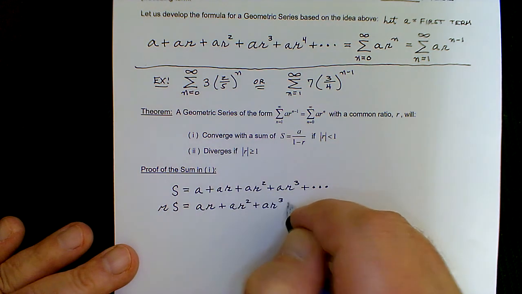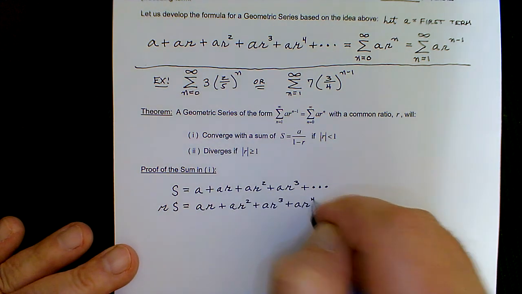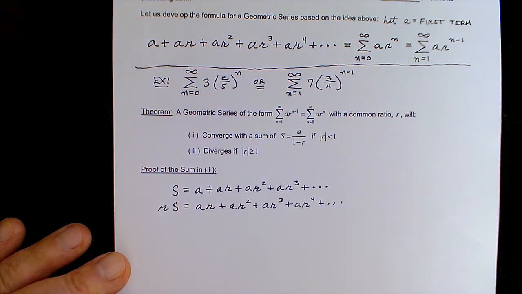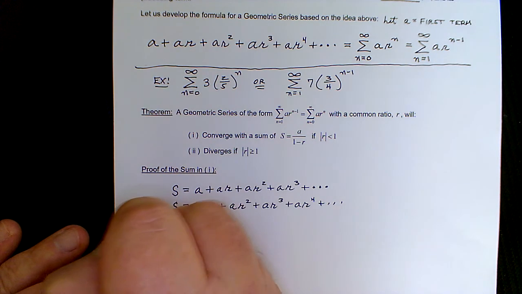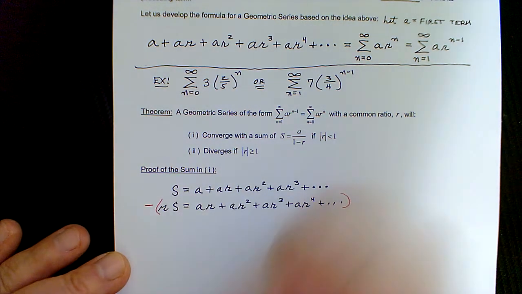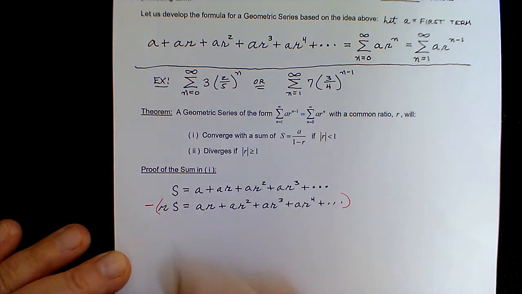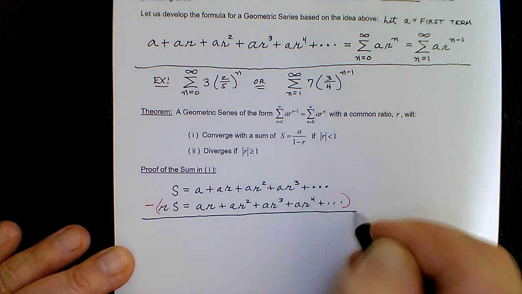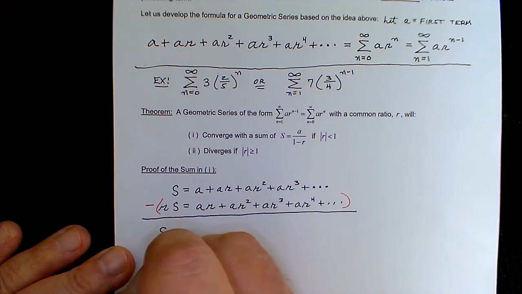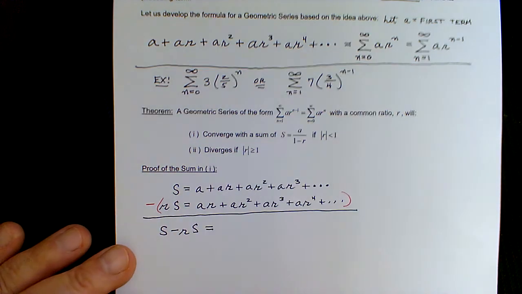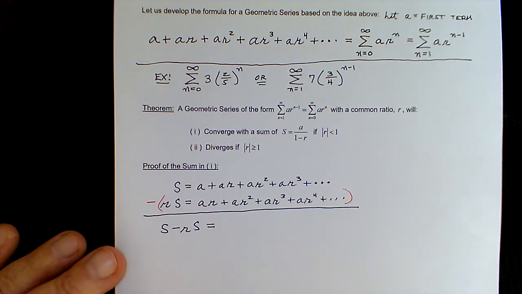And then I'm going to subtract the bottom from the top. On the left-hand side, we just have S minus rS. And on the right-hand side, look what happens. Every term except for this first term a gets eliminated.